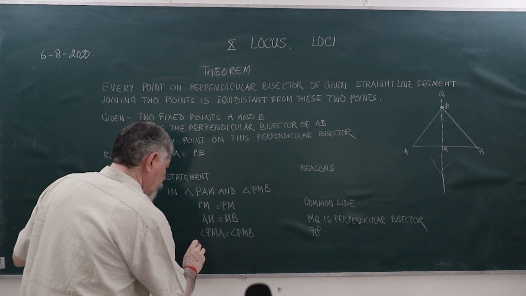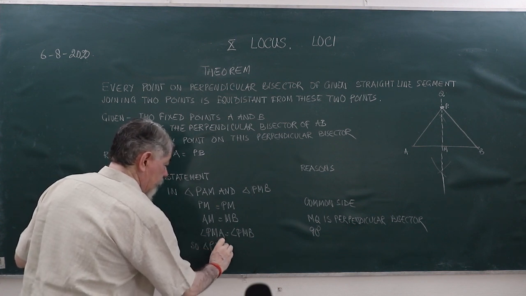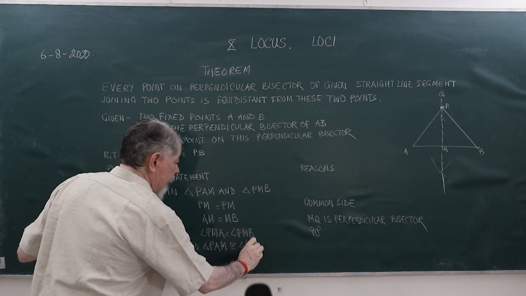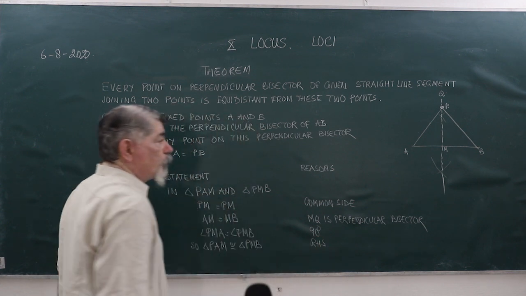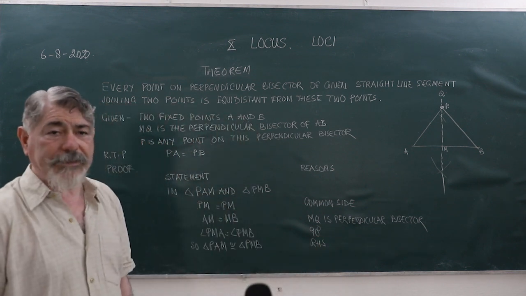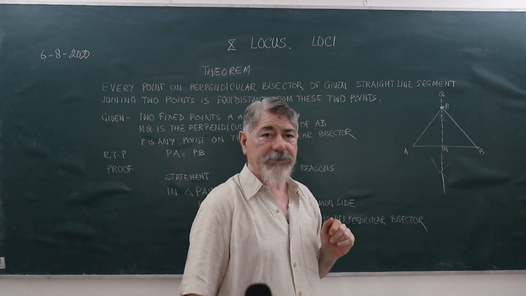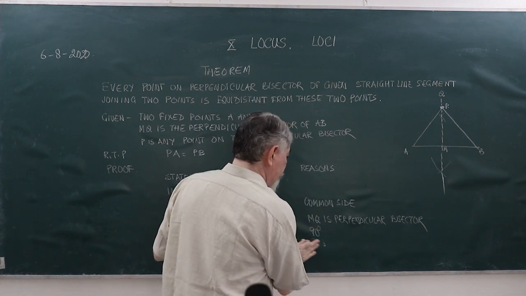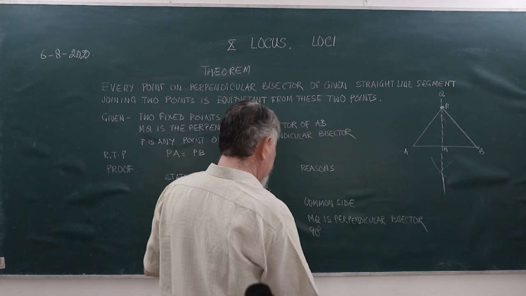So triangle PAM is congruent to triangle PMB, and the reason is RHS. These are two right angle triangles, because this angle is 90 and this angle is 90. No, this is not RHS, because for RHS we would have to prove the hypotenuses equal.